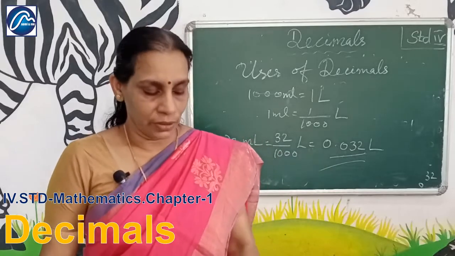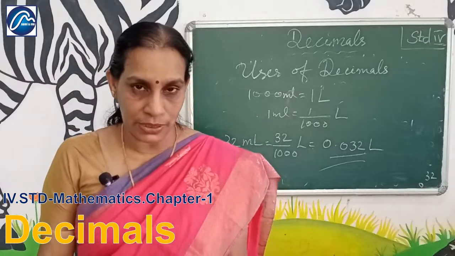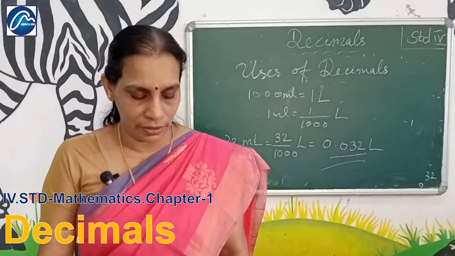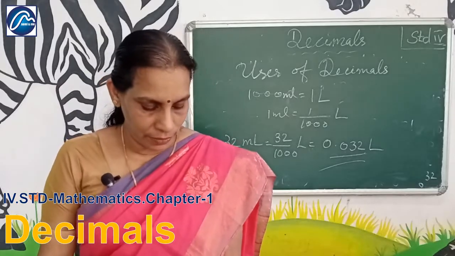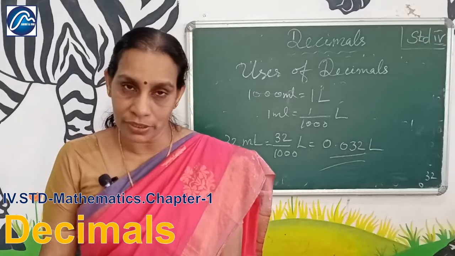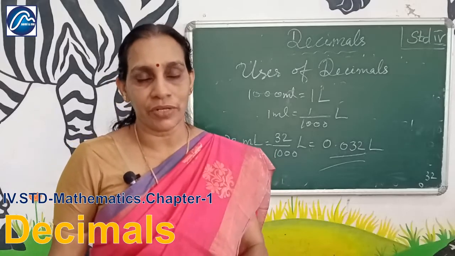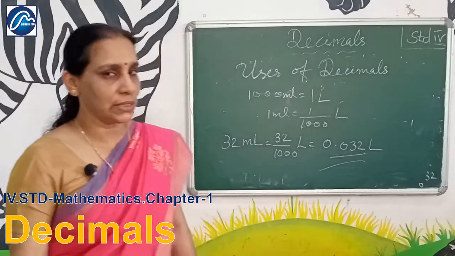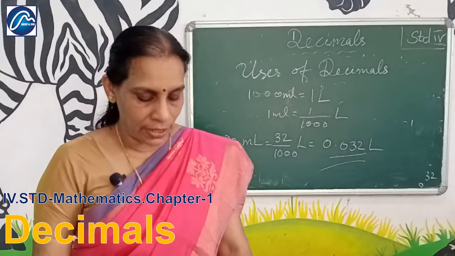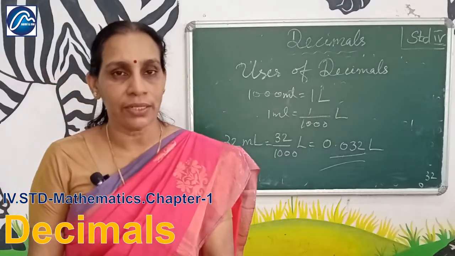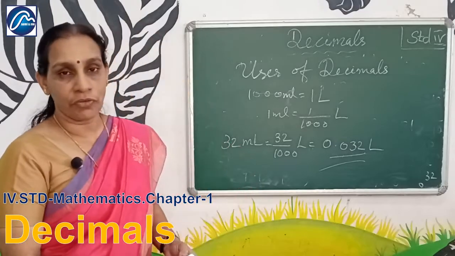So what are the things we have learned up to this: how to write decimals, the decimal numbers in the place value, position of decimal point, conversion of decimal into fraction, fraction into decimals, equivalent decimals, like and unlike decimals, changing unlike into like decimals, comparison of decimals, adding and subtracting, addition and subtraction of decimals and uses of decimals.